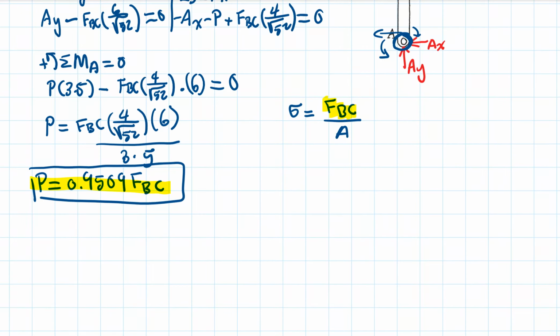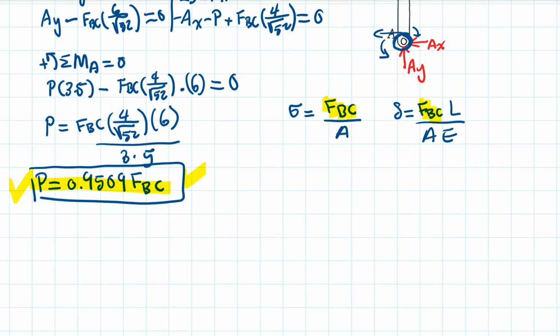And also we can use the deformation equation, where we can solve for force in the cable BC times L over area times E. So here we can also solve for this and plug it into our equation in here.